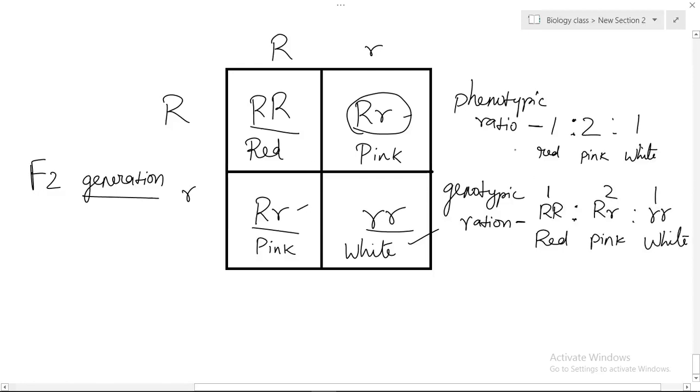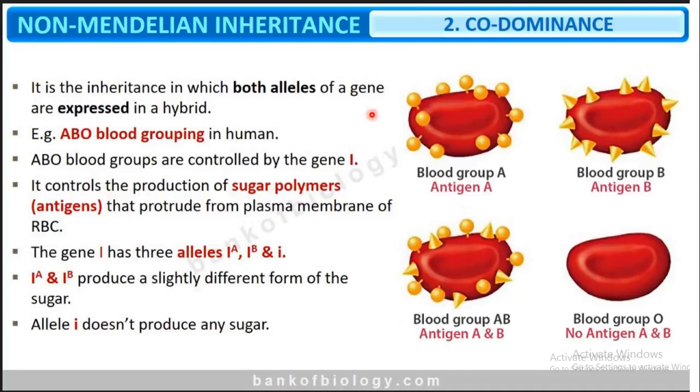Correct? So for incomplete dominance, both the phenotypic and genotypic ratio will be 1:2:1.